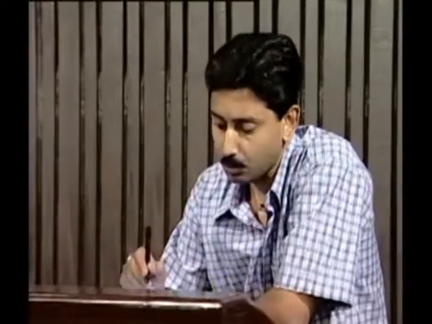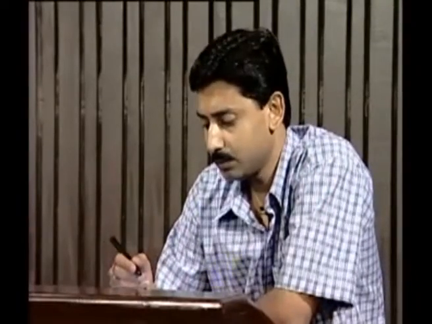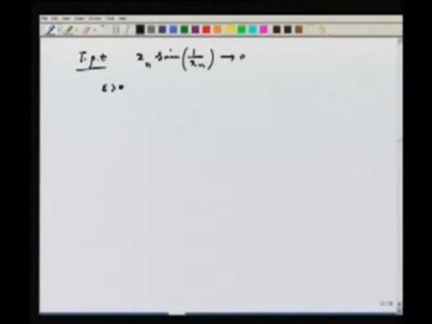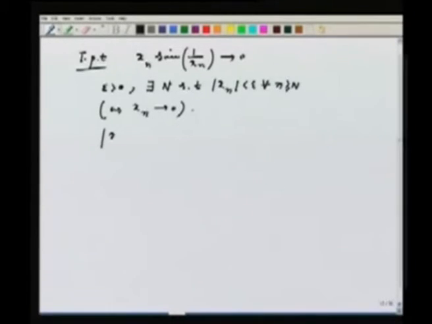Now to prove this, I can just apply the definition of convergence of a sequence if I like. Start with an epsilon bigger than 0. Then there exists capital N such that mod of xn is less than epsilon for all n bigger than or equal to capital N, because I have assumed that xn converges to 0. But then what do I know about xn sine 1 by xn, where n is bigger than or equal to capital N?